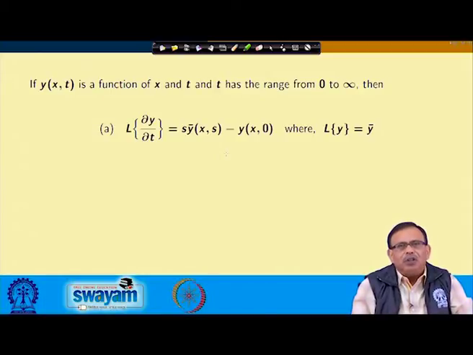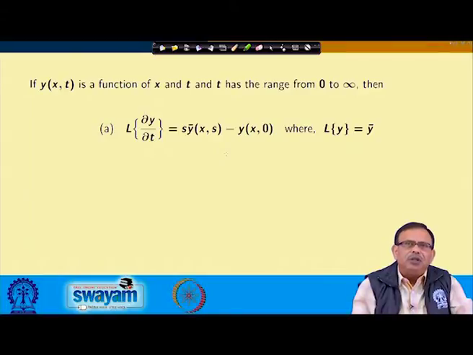One is, because this is required, number A: Laplace transform of del y by del t equals s y bar of x, s minus y of x, 0, where y bar is nothing but the Laplace transform of y. This y of x, 0 is basically a constant term. Whatever initial condition I was talking about in point number 4 in the earlier slide, this is one of the initial conditions.